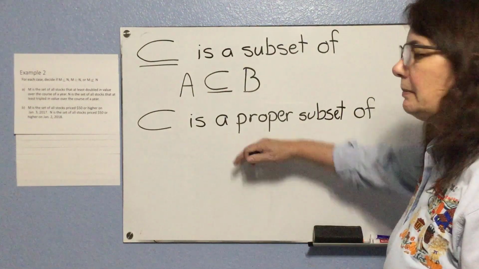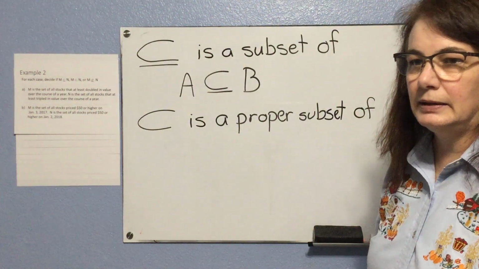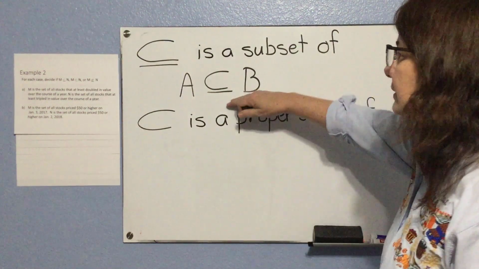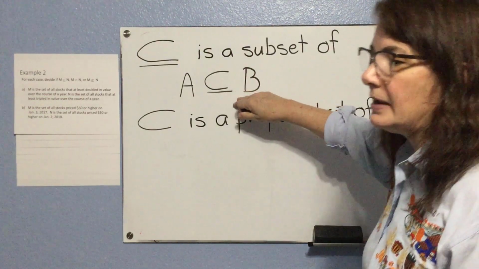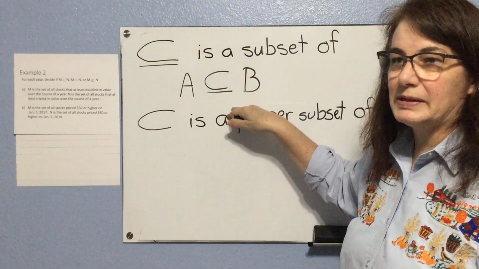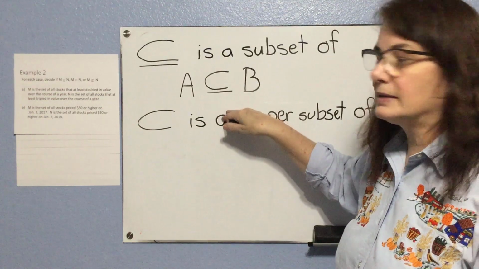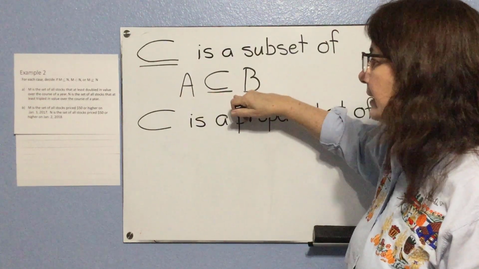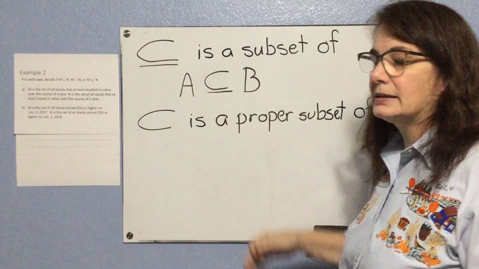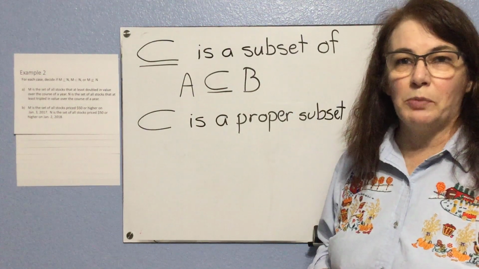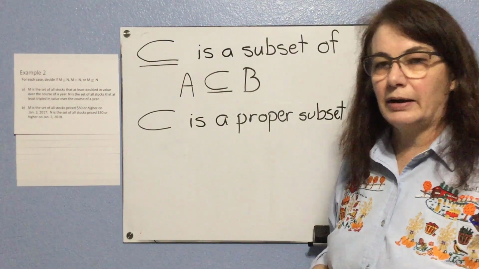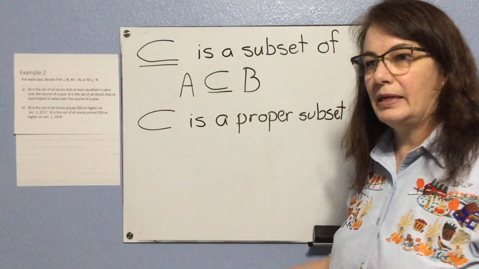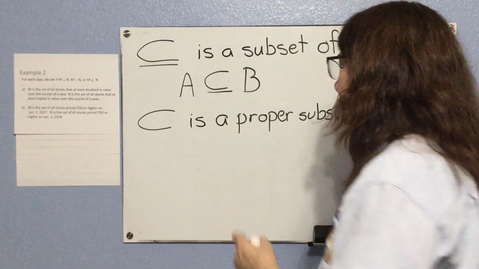And what do I mean by a proper subset? In this case, A is a subset of B. If A and B were the same set, or equal sets, this would be true. When I take away the line, however, A has to be somewhat smaller than B. There has to be something in B that's not in A.